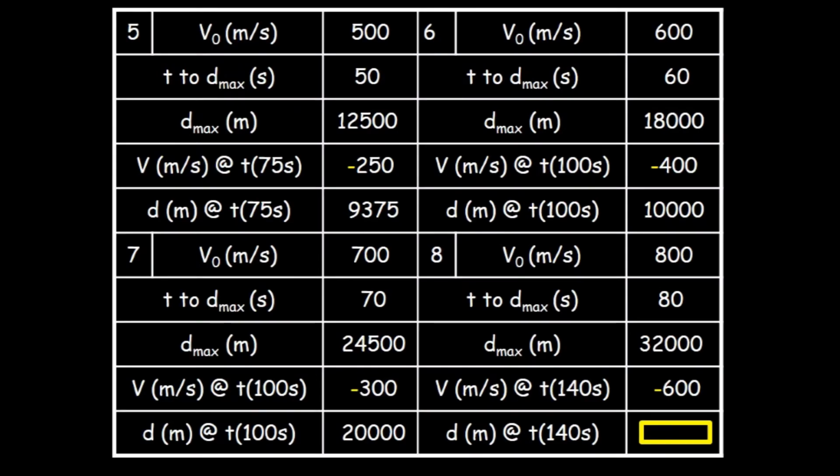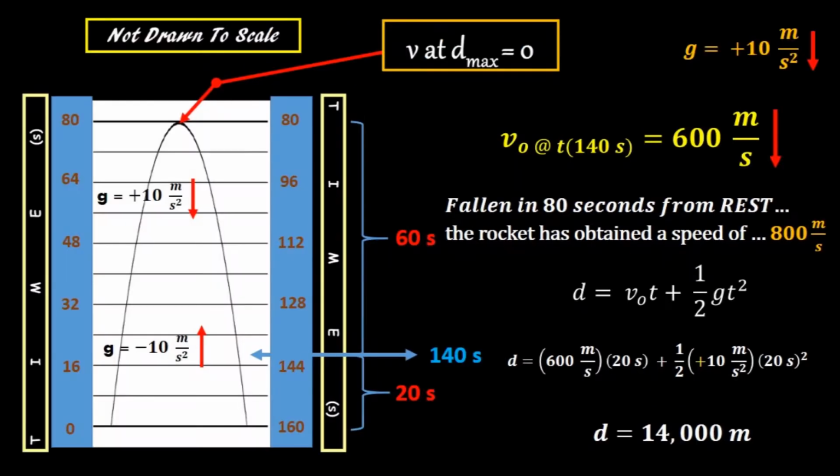Okay, the last is, well, what distance, at t equals 140 seconds, will it fall? If it reaches its max point at 80, it would come down to the ground at 160. So at 140, it's got 20 seconds to go. And don't forget, it's going 600 meters per second at t equals 140 seconds.